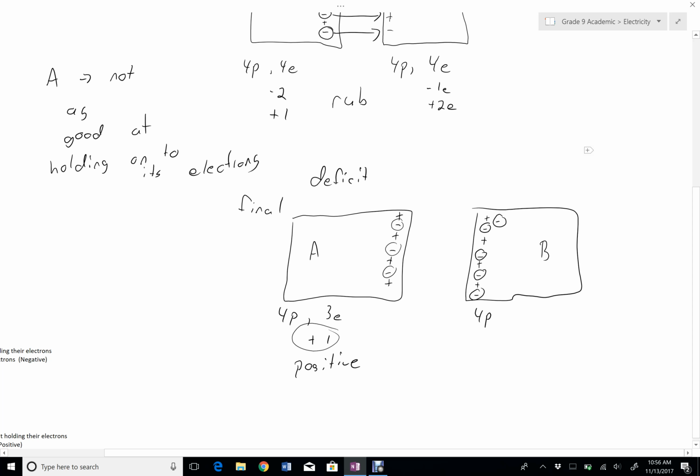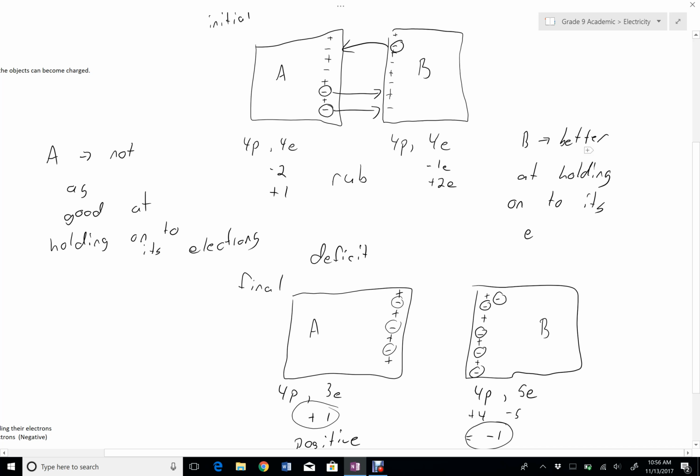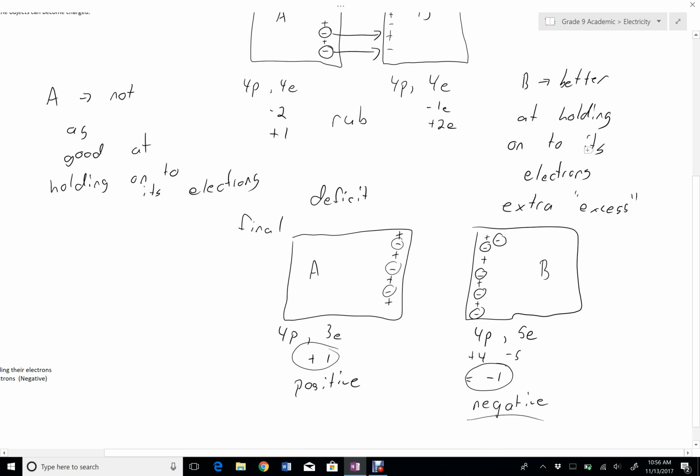That means that the 4 protons are now accompanied by 5 electrons, so we've got 4 positives and 5 negatives, and I end up with a charge of minus 1, or negative. Here, because object B is better at holding on to its electrons, it ends up with extra, or as we say, excess electrons after the exchange, and that means that it is going to be negative.